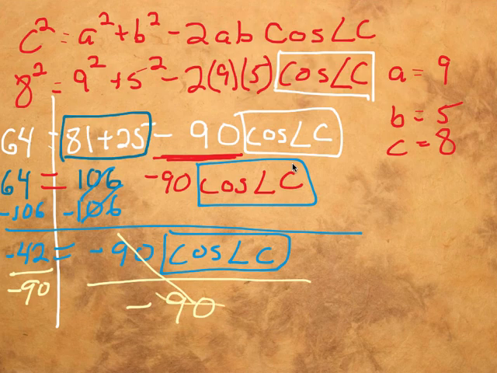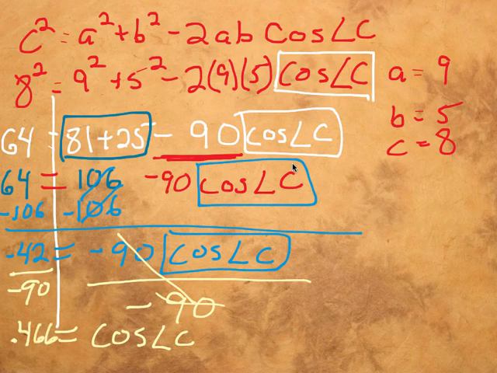Alright. Now, I got cosine of angle C equals. I'm going to go ahead and divide negative 42 and negative 90. You should always get a positive number. I need to punch that in again to make sure that I'm not messing up anywhere. So I get positive 0.466.